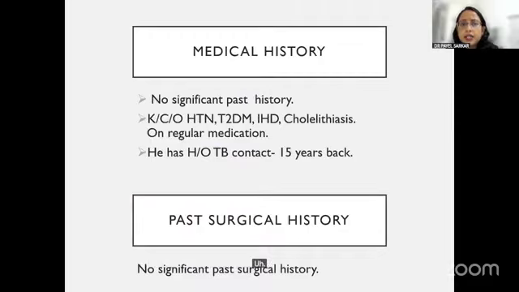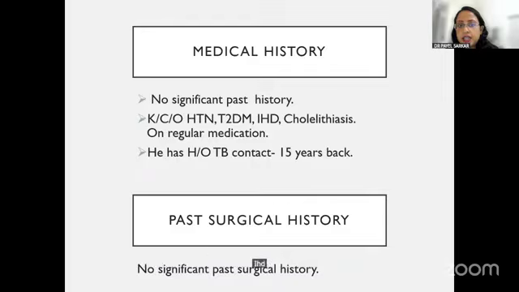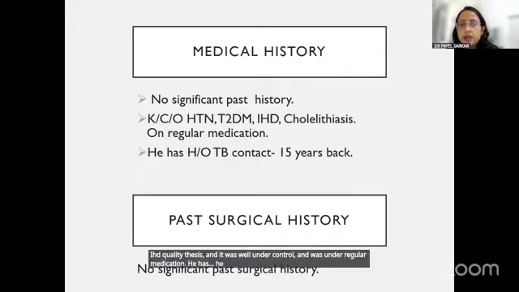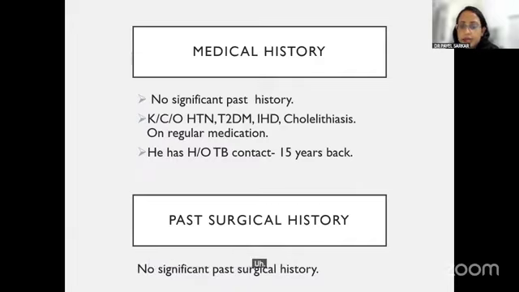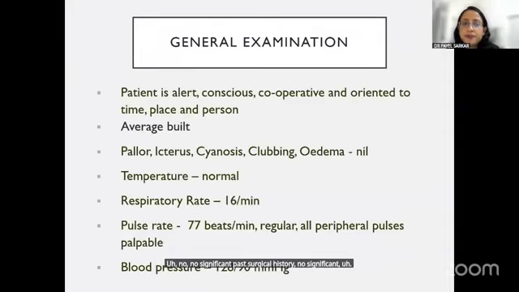There was no significant past history. He was a known case of hypertension, diabetes, IHD, and cholelithiasis, well under control and on regular medication. He had a history of TB contact 15 years back. No significant past surgical history, no significant family history.